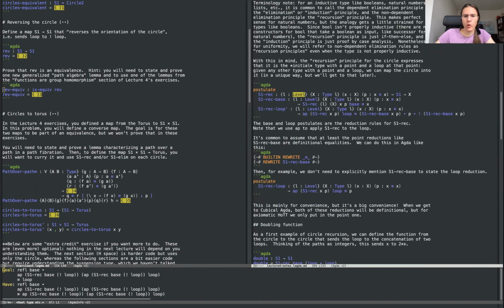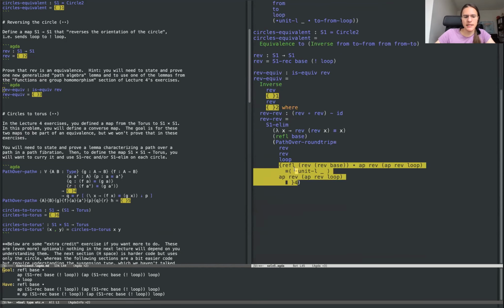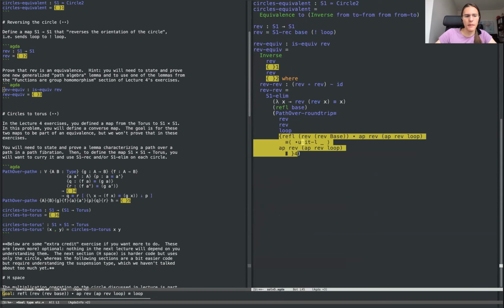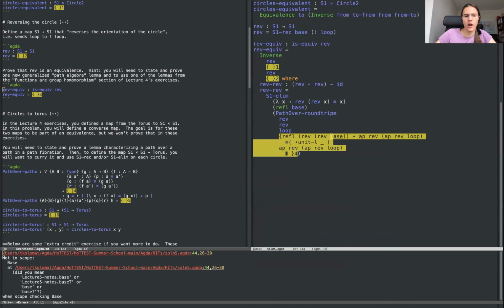Oh, the shortcut for goal have is CCC dots. So CCC comma, one second. CCC comma just, sorry, I'm pressing meta. CCC comma just gives you the goal, and CCC dot gives you the goal and type, except for the fact that something happened.